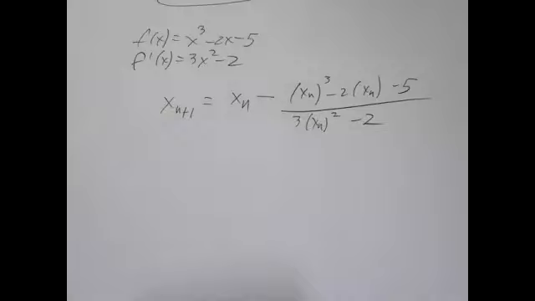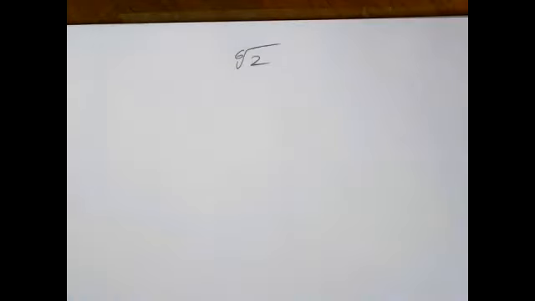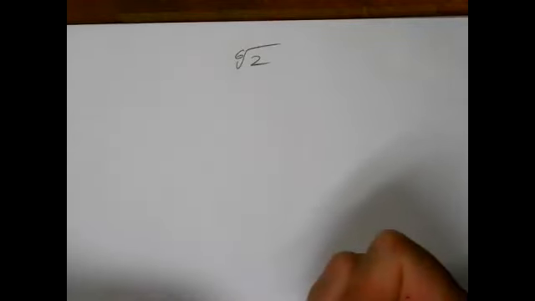There are other problems that can be solved with this that aren't exactly equation solving problems. For example, if it asked you, what's the 6th root of 2? Now, I know you can put this into a calculator. I get that. But this can be done with Newton's method.